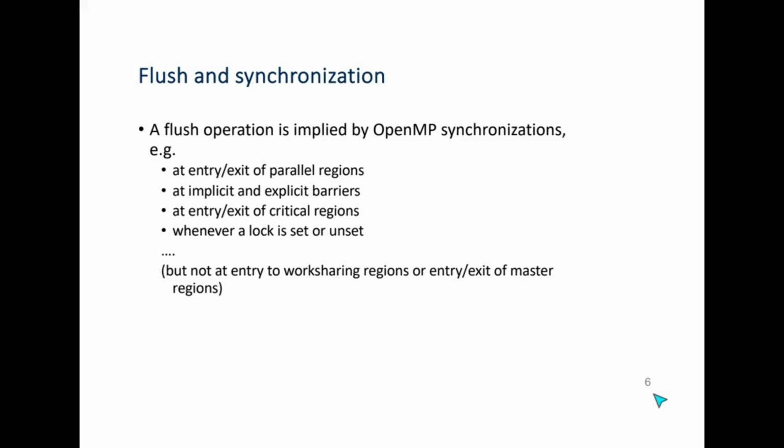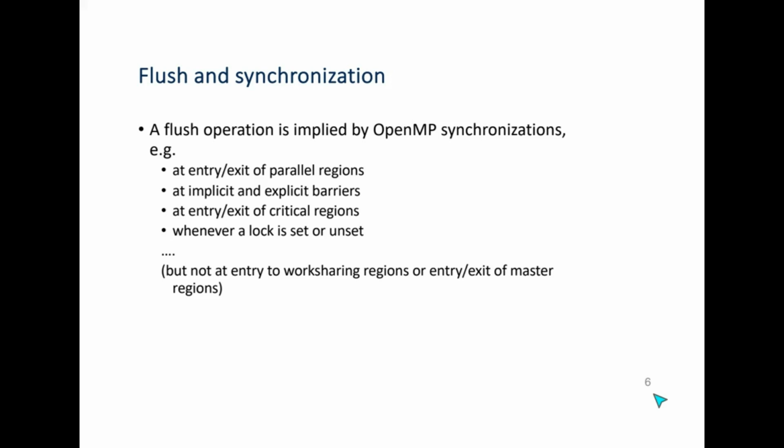Whenever we go into or out of parallel regions, whenever we have an implicit or explicit barrier, whenever we go into or out of critical regions, or whenever a lock gets set or unset, for example. All these synchronization points in OpenMP also imply a flush operation.